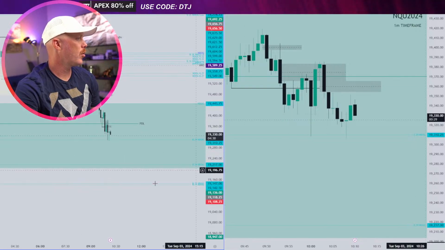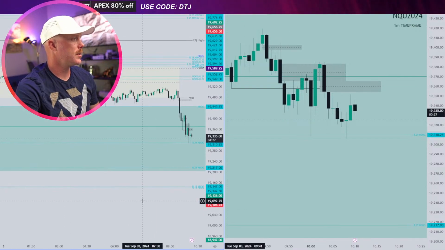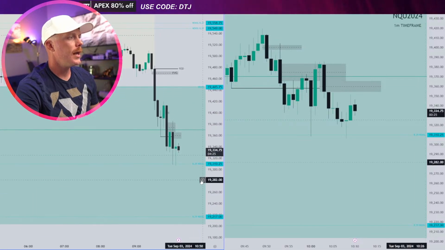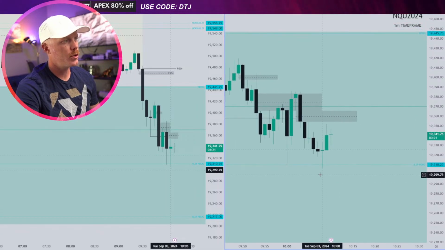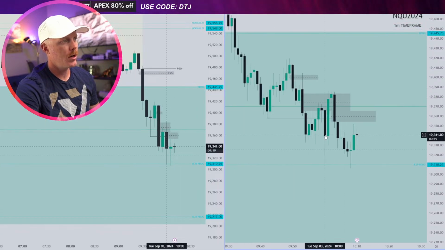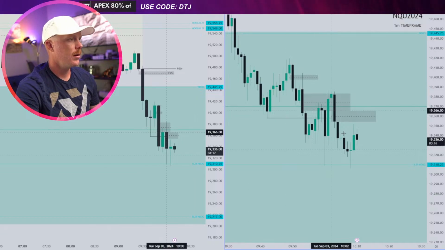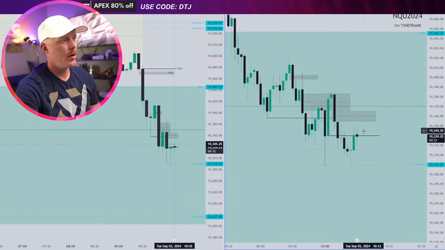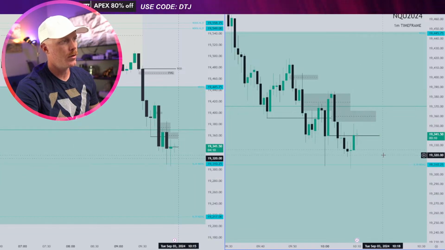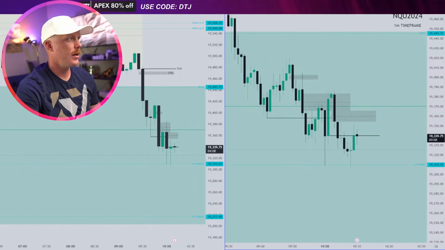I like 5 minute order blocks more than I like 1 minute order blocks, unless we're already in the trending move higher. For example, if we're trending lower, I'll take a 1 minute order block right here. This is a 1 minute order block to the downside. So if we're going to continue lower, I would want to see it find resistance here and move lower. Look at this right here, 1 minute order block.